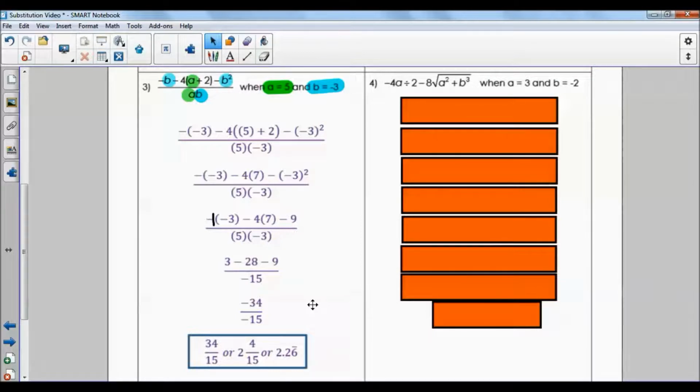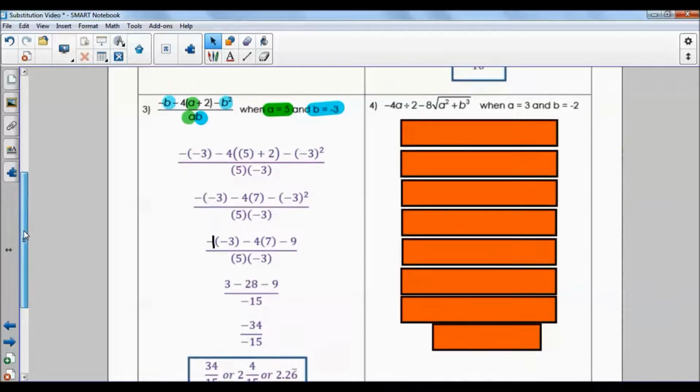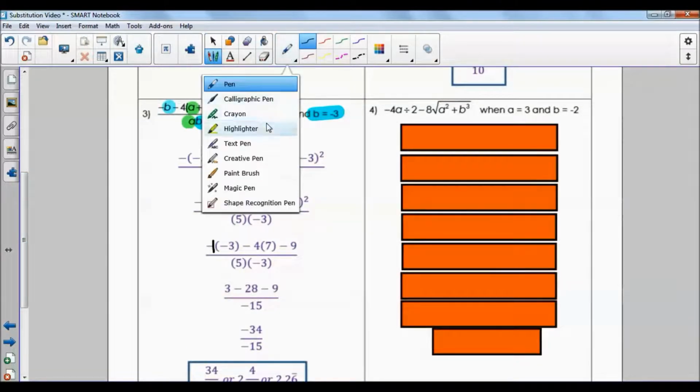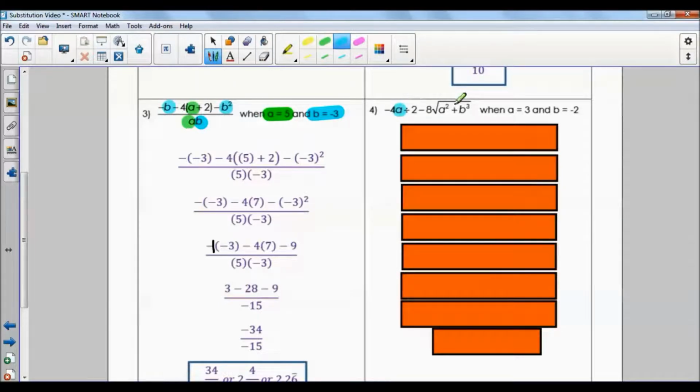Next one, we have number 4 is -4a. Okay, so let me get my highlighter. So a, and a is equal to -3, and then there's another a there, right? Divide by 2 minus 8 square root of a squared plus b cubed, and b is -2.